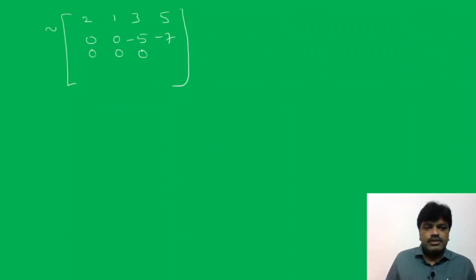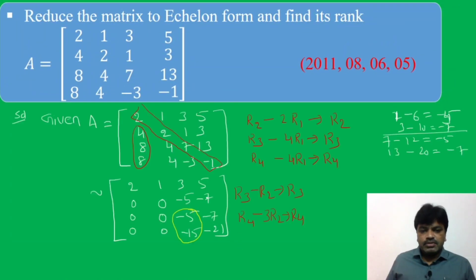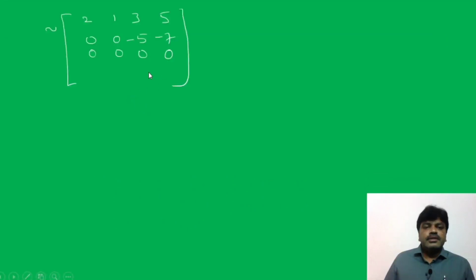Clearly the values are 0 here, because the second row and third row are the same: minus 5 minus 7 minus 5 minus 7, this value is 0. Now if you observe R4: minus 15, minus and plus, 3 5s are 15, so this value is 0. Minus 21, minus and plus, 3 7s are 21, so this value also is 0. So finally all the elements are 0.